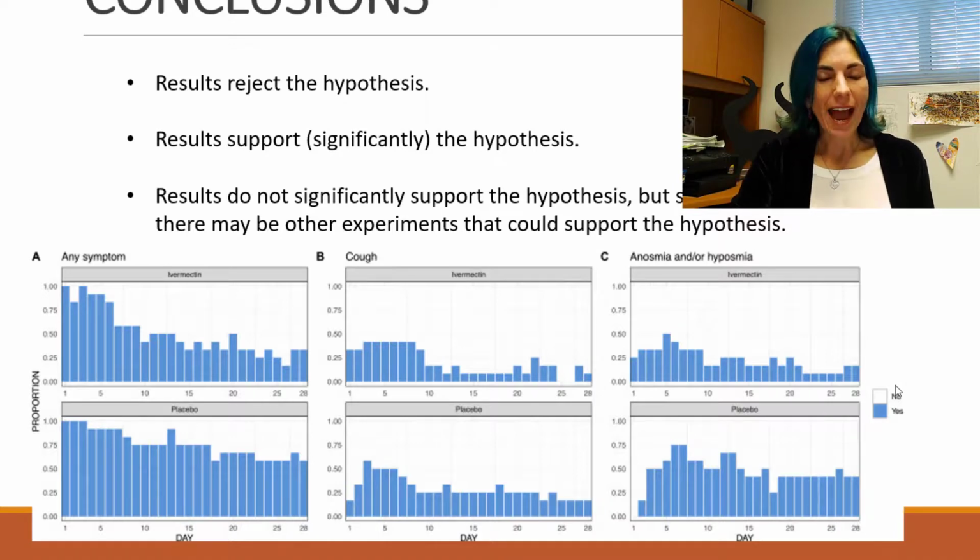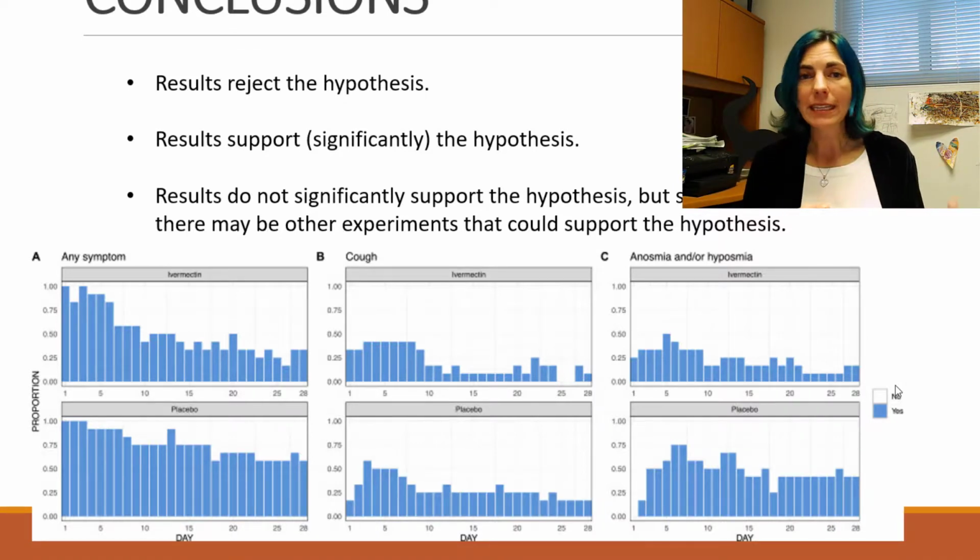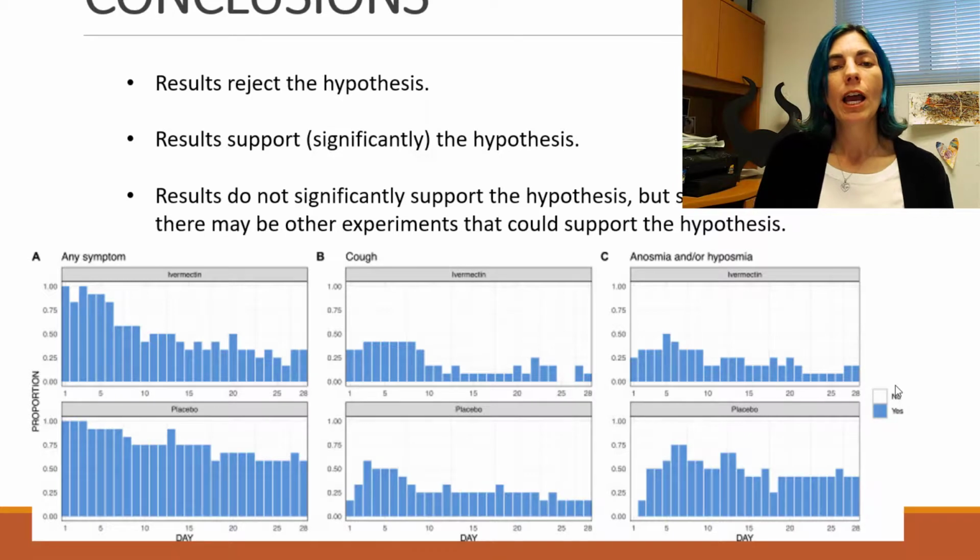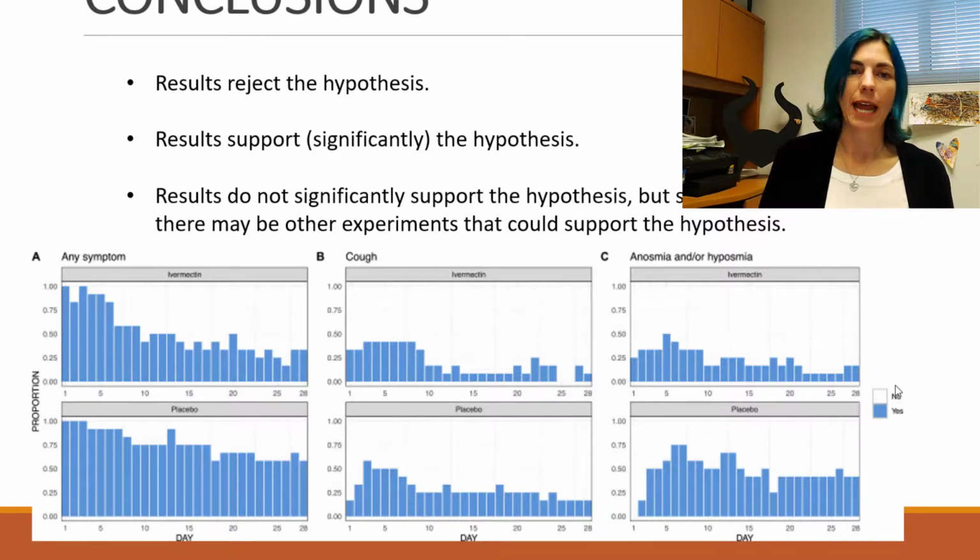So with that, you could then revisit this, you could design a new experiment, you could try to expand it to include more people. In the news media, if you look at ivermectin, people will say it's not worth it, it's not worth treating.